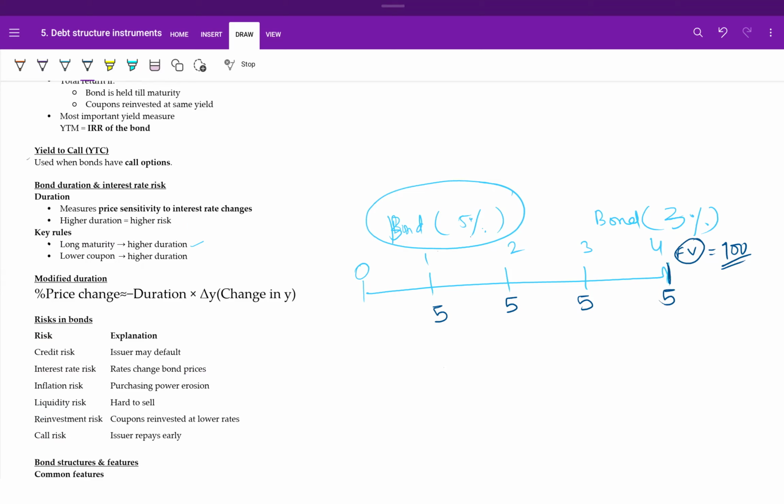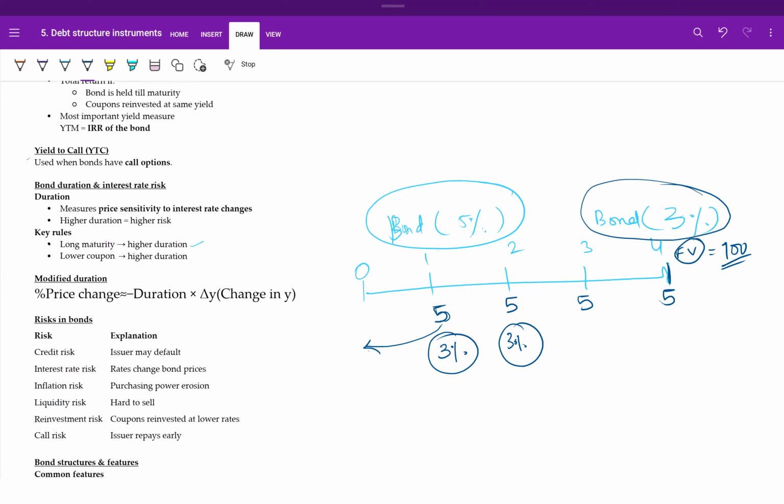You have received the $5, but now you cannot reinvest it at 5%, because the rates have fallen down to 3%. Now you have to reinvest that money at 3%. Once interest rates have fallen, you have to reinvest at a lower rate, and it affects your actual realized return, not the bond's stated yield.